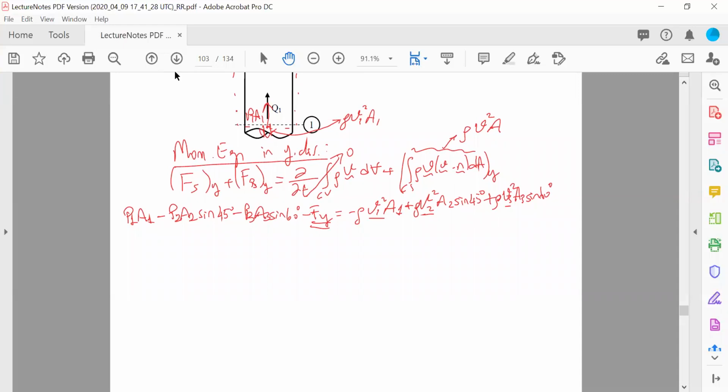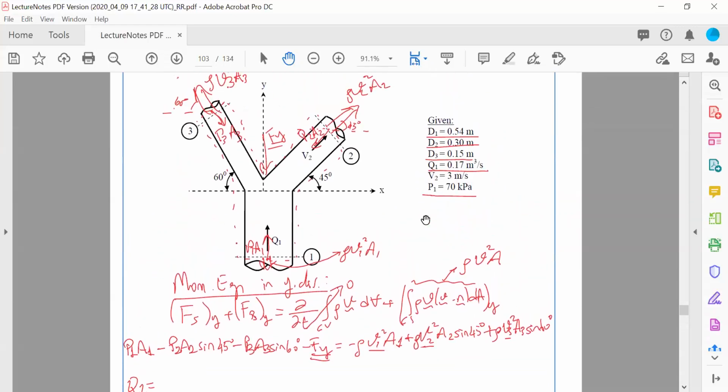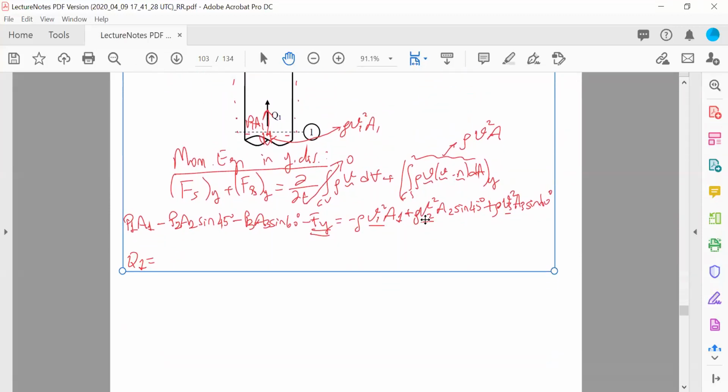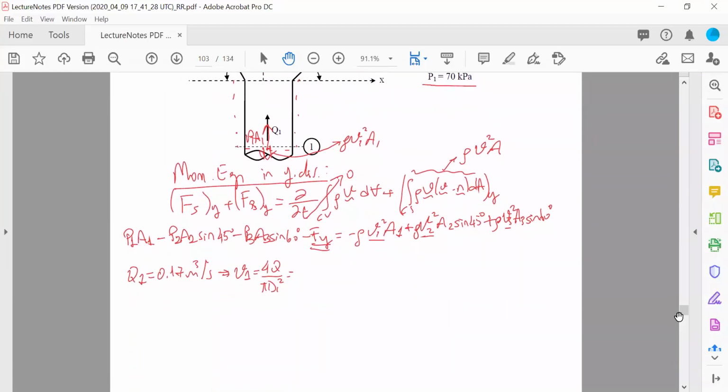First, the velocities. Q1 is given as 0.17 meter cube per second, and from here we can easily calculate V1, 4Q over pi d1 square. d1 is 0.54.